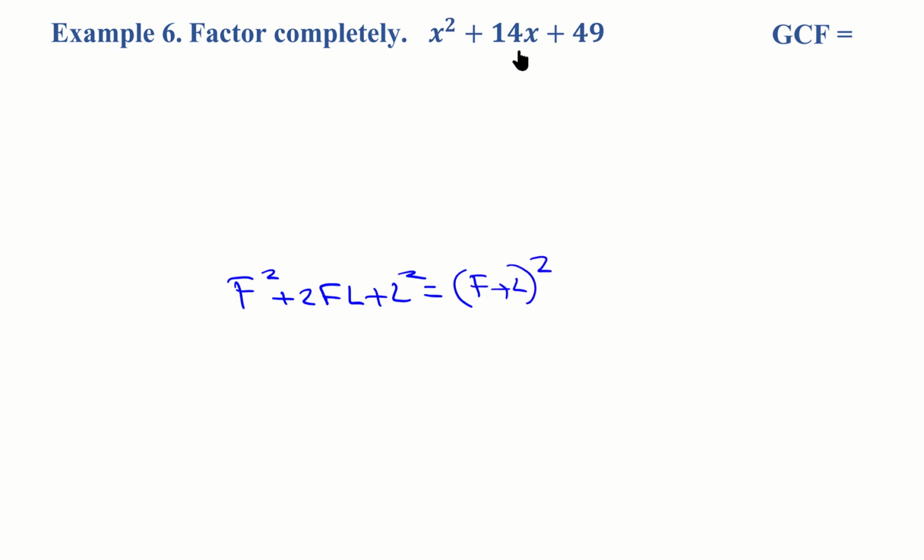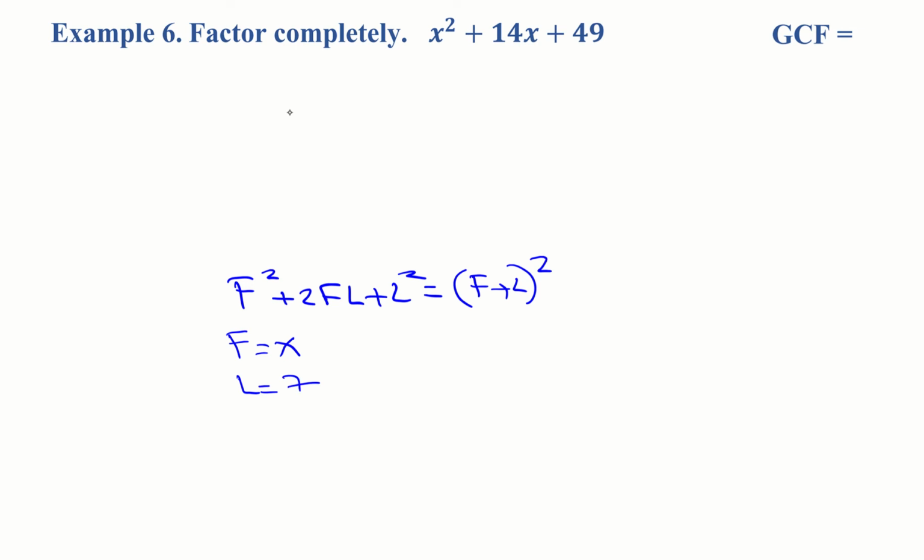So there's always that middle term we need to make sure works out as well. In other words, if we determine what f and l are, we have to make sure the middle term is 2fl. So in this problem, the proposed f is x, and the candidate for l is 7.